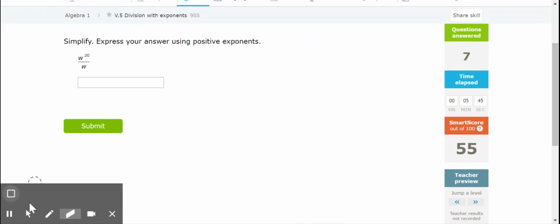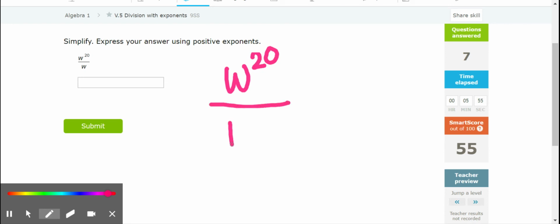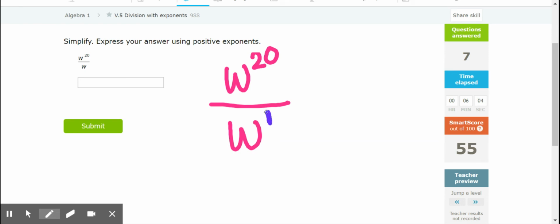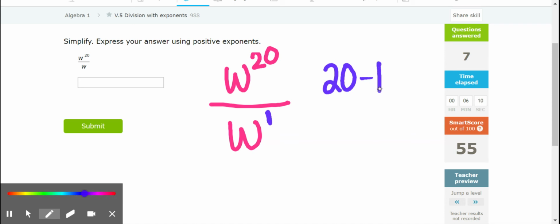Okay, so we should know that this problem is actually, I'm going to rewrite it over here, W to the 20th divided by W. Now you know that there's an invisible 1 right beside this W. So when I get ready to come up with my answer, I'm actually going to take 20 minus 1.